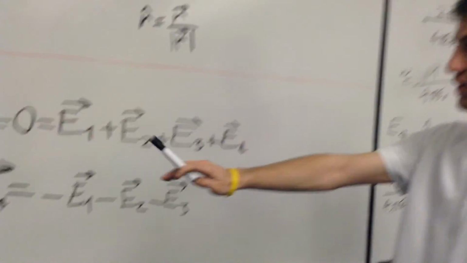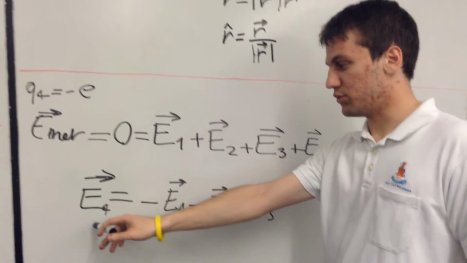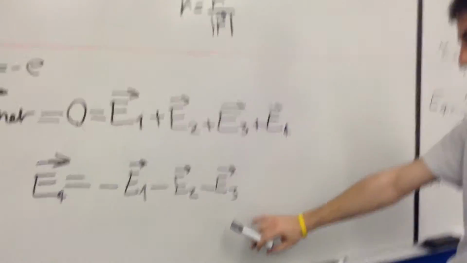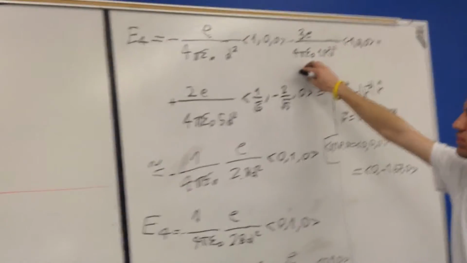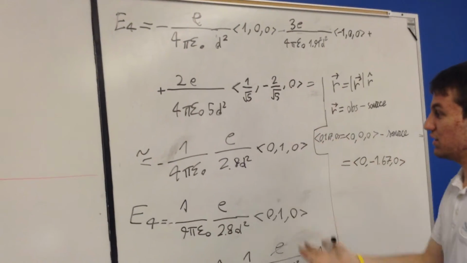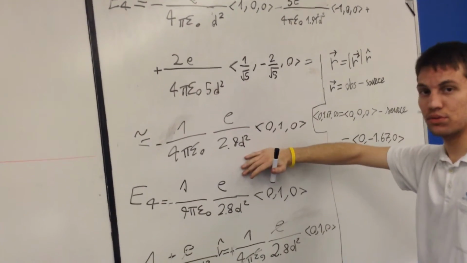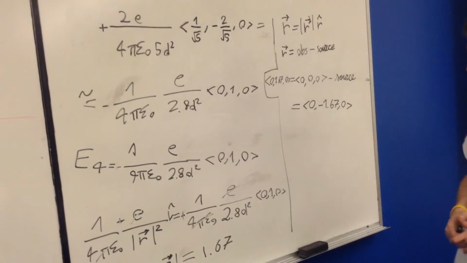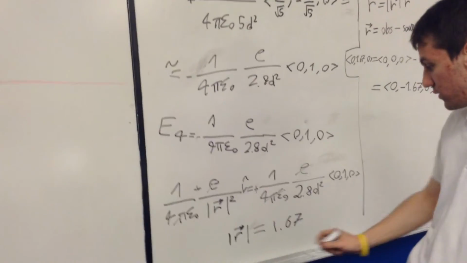So now we have to determine the relationship for the fourth electric field from the electron based upon these other electric fields, and then we develop it all out to get this result, and then we can approximate it towards this step as well, and in this way you will determine the magnitude of R.